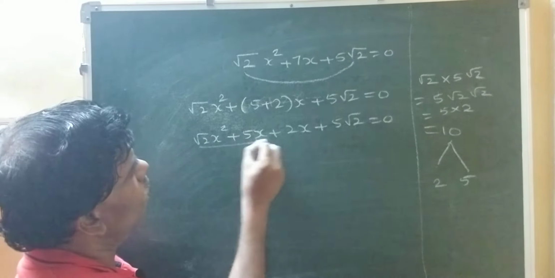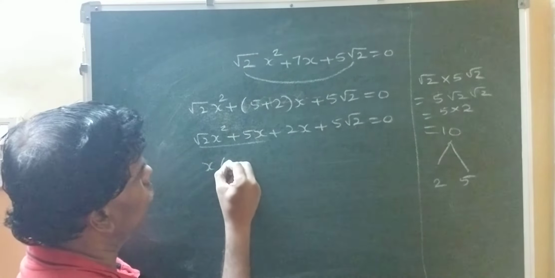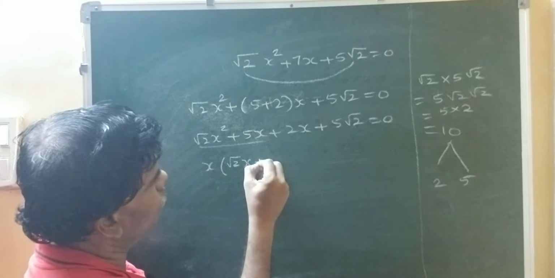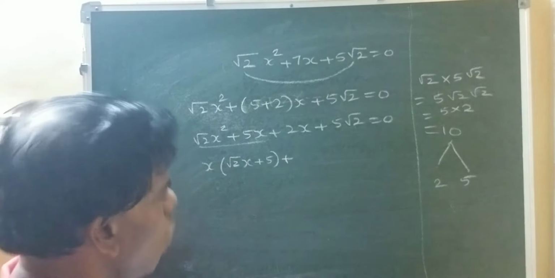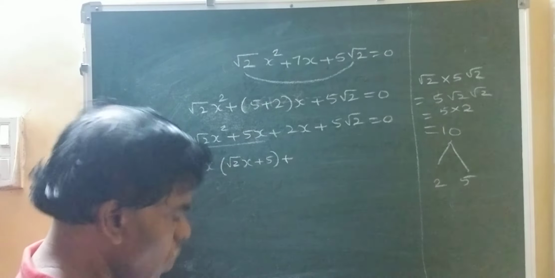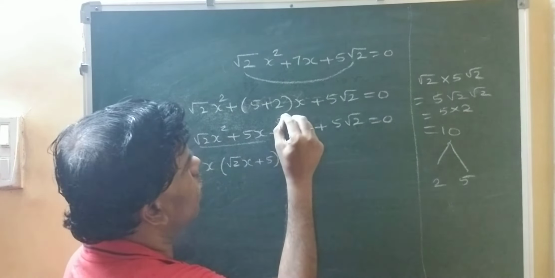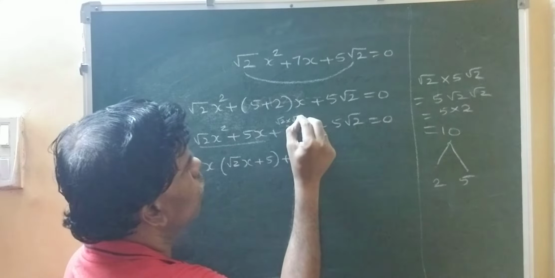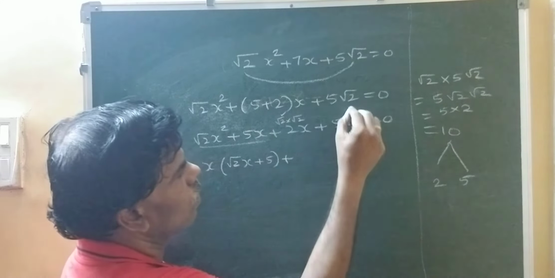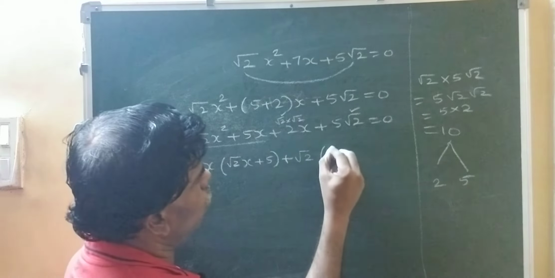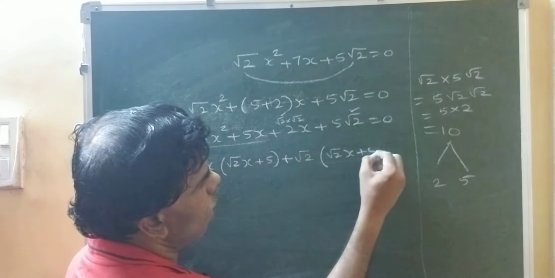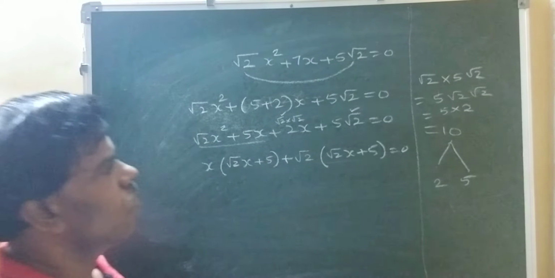Now what is common here? X only is common. So root 2x plus 5. Here what is common? Root 2, because this 2 can be written as root 2 into root 2. So one root 2 we will take it out, so another root 2x plus 5 is equal to 0.